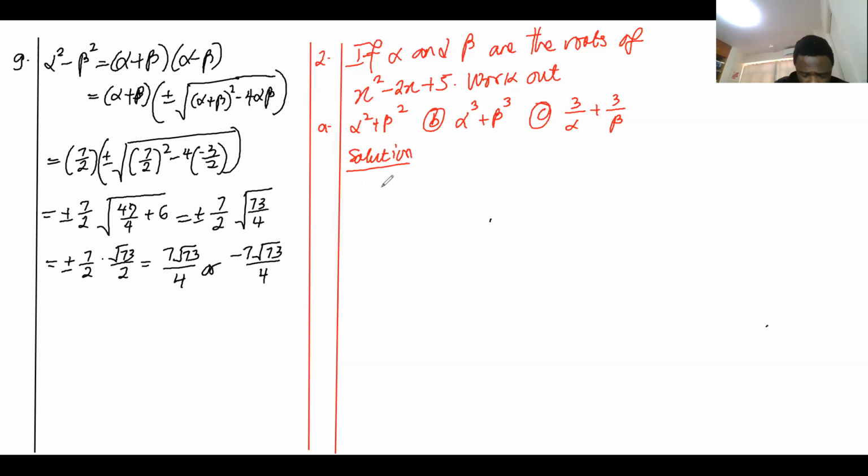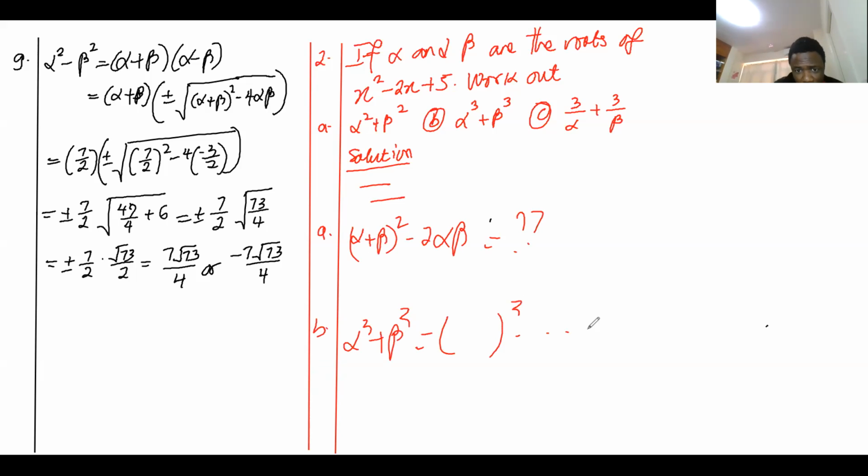After the first step, the second step, where you identify your sum and product, this is where your A should begin. Then you wrote alpha plus beta all squared minus 2 alpha beta. So the question is, what is this? What are you trying to do? In the B part, I could see alpha cube plus beta cube is equal to something, something. So this makes sense. But what exactly is this?